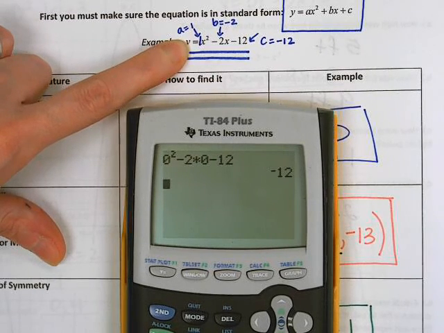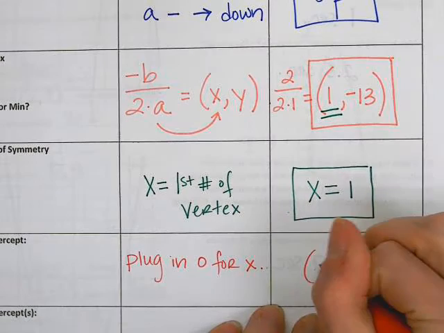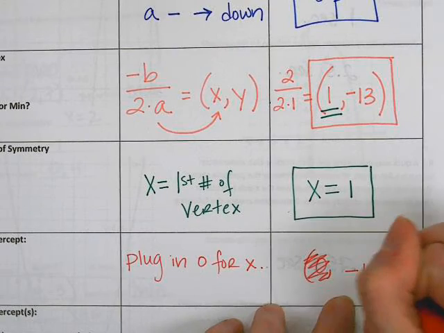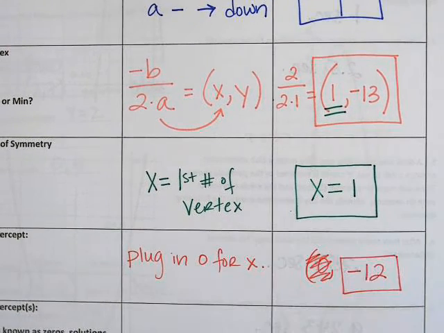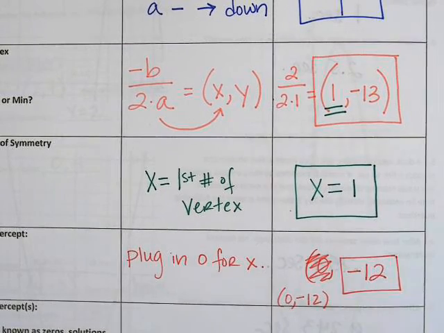You end up getting -12. You could just write -12, or if you want to write an ordered pair, it would be 0 comma -12. Either one's fine.